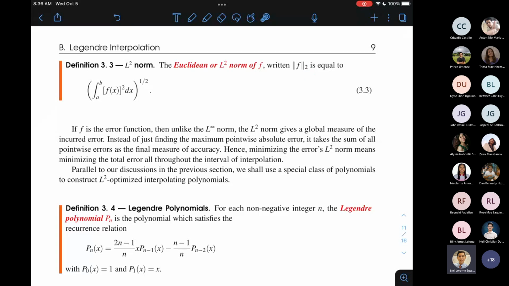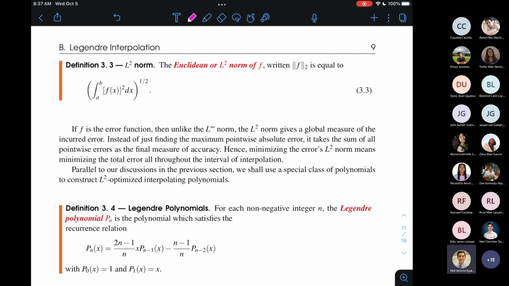Okay. So kamukha siya ng L infinity. Yung L infinity nga lang norm bars, tapos infinity yung subscript. So the subscript denotes kung anong klaseng norm yung ginagamit natin. And the L2 norm, or the Euclidean norm, is simply the integral of f of x squared from a to b raised to the 1/2.